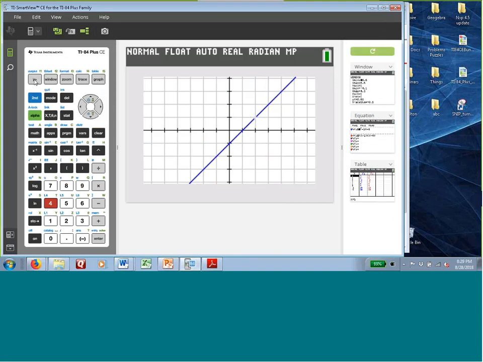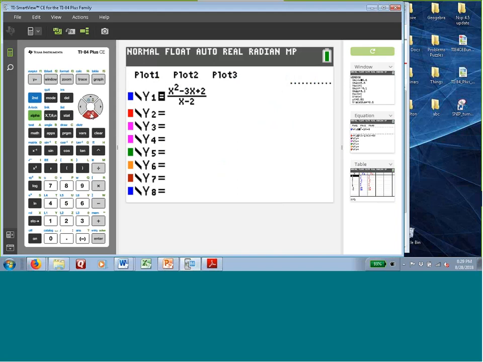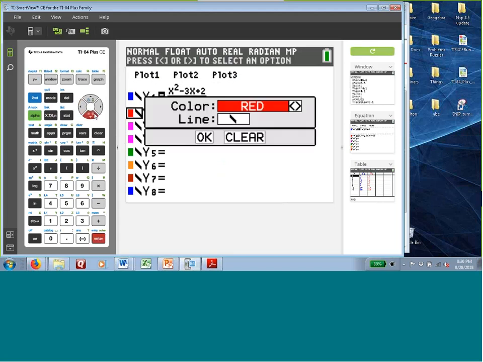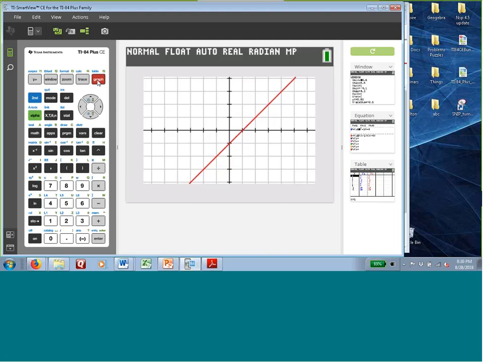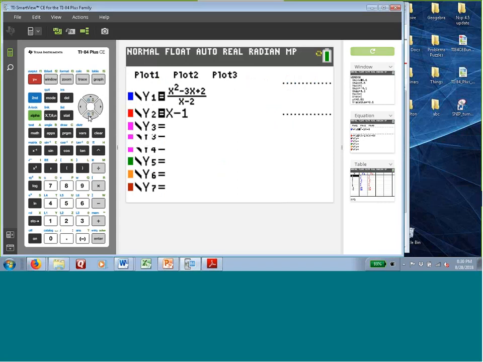Really powerful for students to see that. Now, when you factor this out, students are going to see that the remaining function, if you simplify it, is x minus 1. Let's go and use tracer ball style for that. And the question is, how is simplified form different from the rational form?